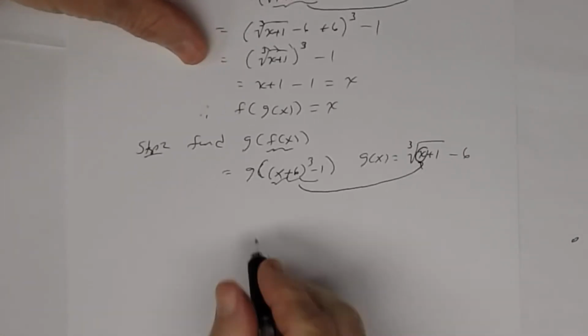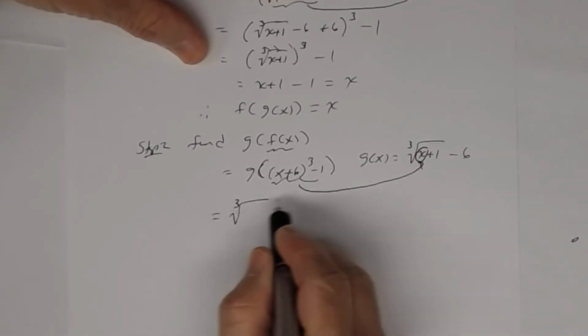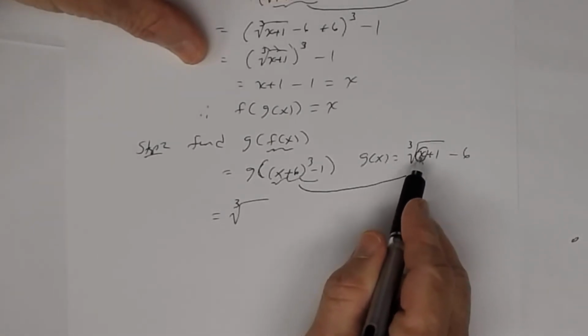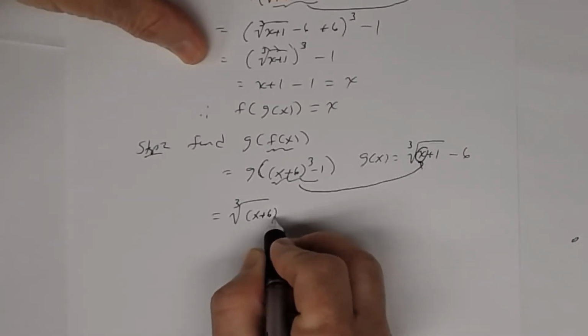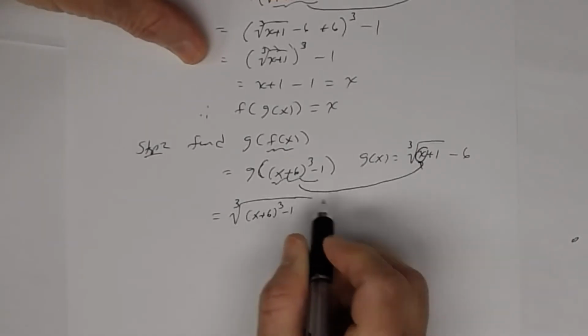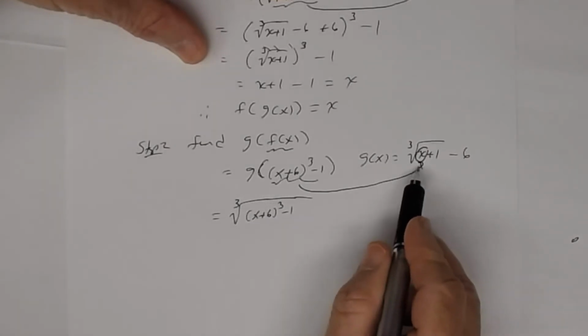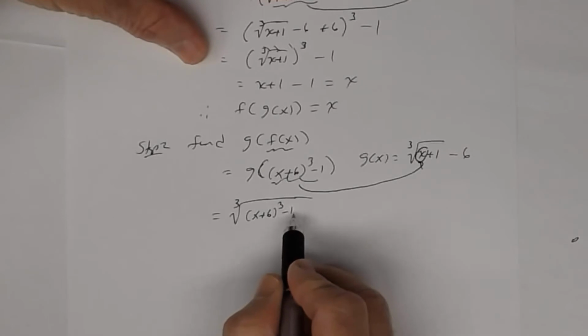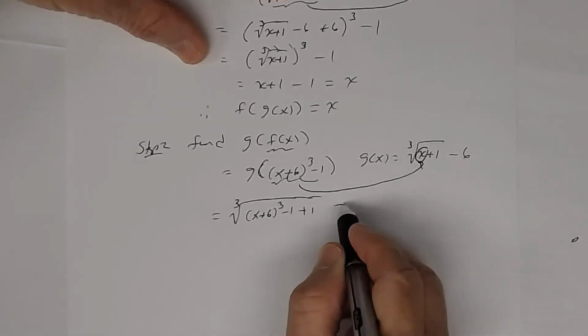So that becomes the cube root. Now in place of this x right here, I'm going to substitute all this. So it'll be x plus 6 cubed minus 1. Remember, this right here is this x, the thing I have circled. But remember, I've got to add 1, and then we subtract 6.